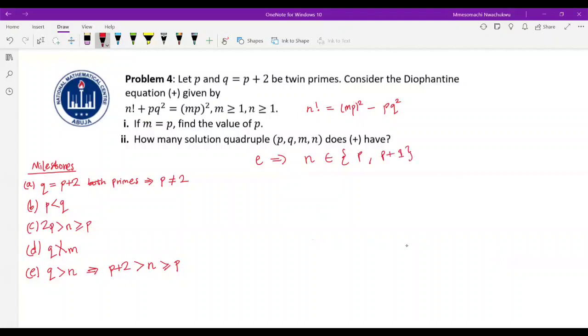Okay. So if N is equal to P plus 1, this is the same thing as Q minus 1. What does that imply?